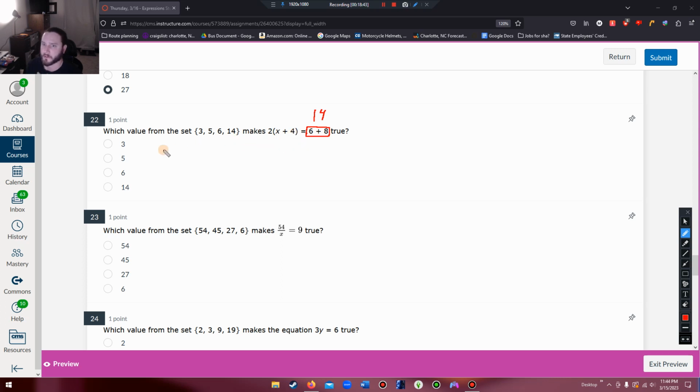So let's try a 3 first. If I replace this x with a 3, I would do 3 plus 4, which would be 7, and then I would do 7 times 2. Oh, hey, it worked. That was 14 already. So yeah, number 22, the answer should have been 3. So x is 3 for this one.